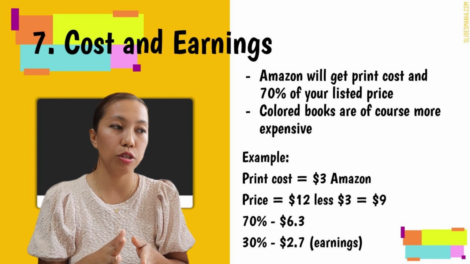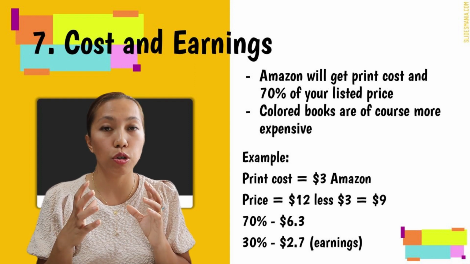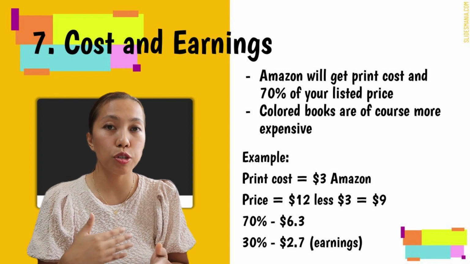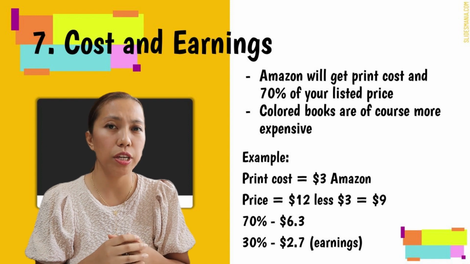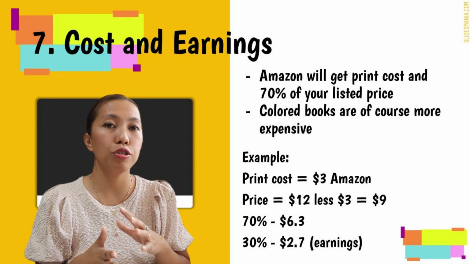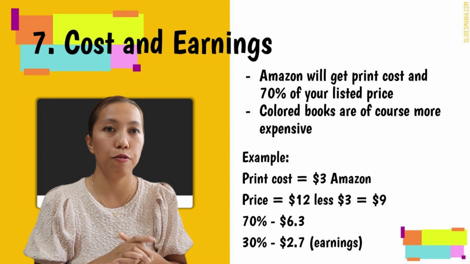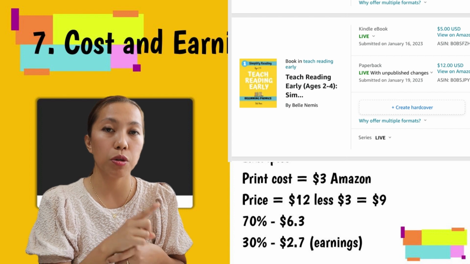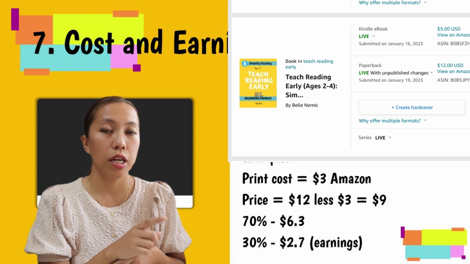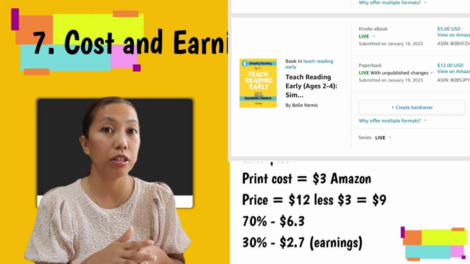Okay. Now, the most exciting part is the cost and earnings. So usually Amazon will get the print cost and 70% of your listed price. Now, of course, colored books are more expensive than black and white. But okay, now here is a sample computation to show how much you can earn from every book sold. So let's say for my book, this is a reading book. The print cost when I publish this via Amazon is $3, which is, by the way, automatically calculated by Amazon.